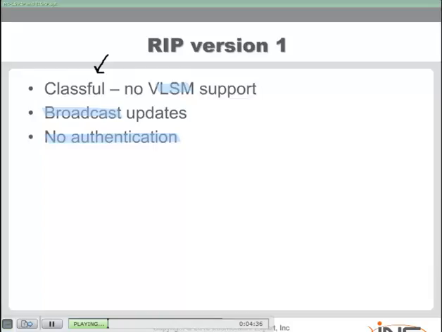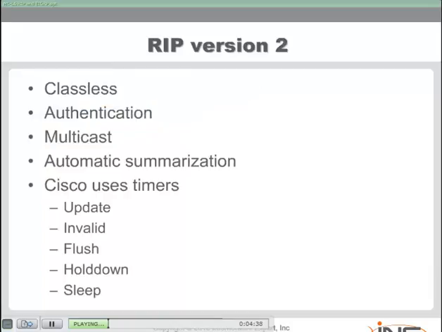So when you examine RIP version 2, you do indeed see that many of these shortcomings are addressed. It is classless. Subnet mask information is sent in the updates so that we can do variable length subnet masking.